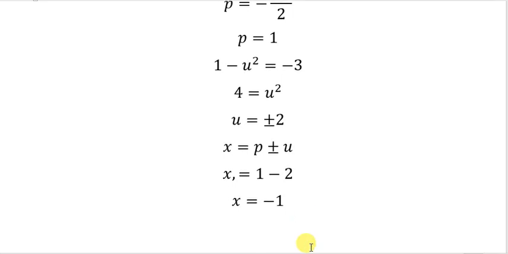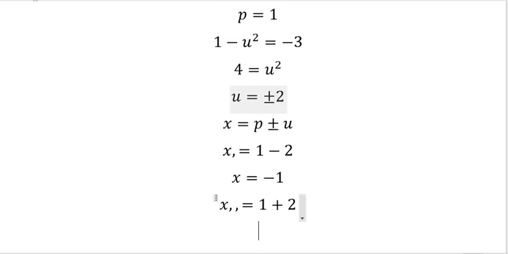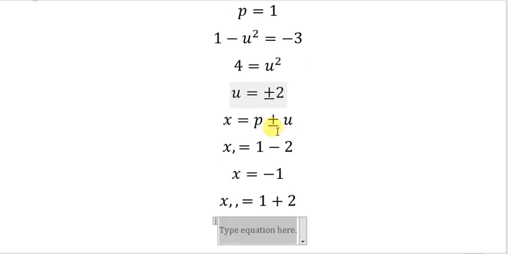Now in finding the second value, or the second factor, which is x2, we realize that we have to add 1 to the positive root of u, which was positive 2. That means that the second factor will therefore be equal to 3. So basically, that is what Po-Shen Lo says.